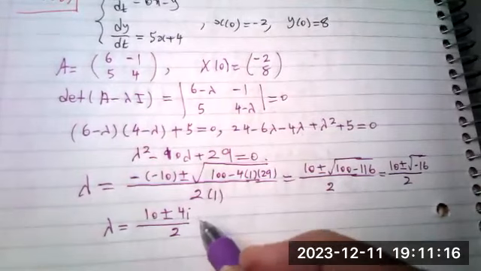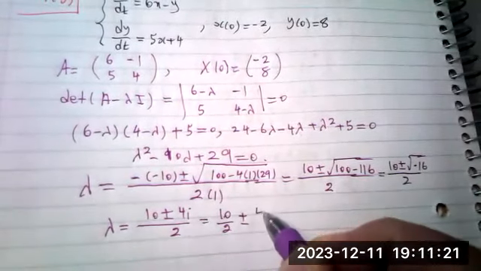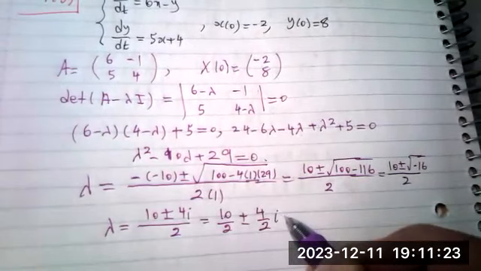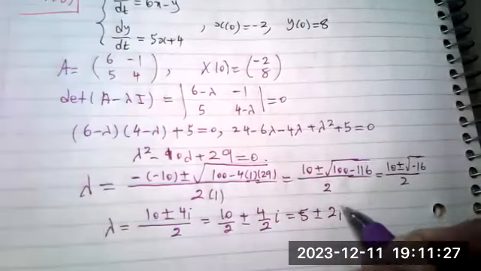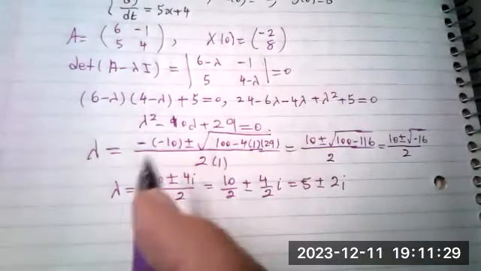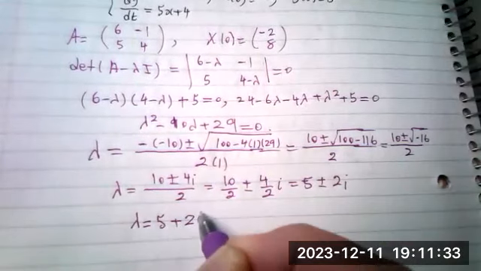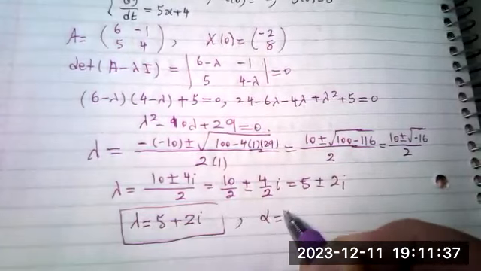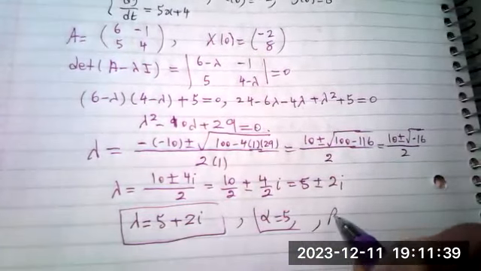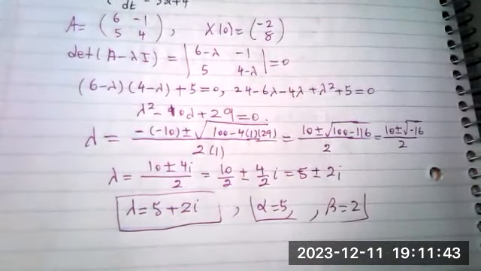Okay, we break it and simplify it: 10 over 2 plus or minus 4 over 2 i. So you get 5 plus or minus 2i. So we pick the positive one, lambda equal to 5 plus 2i, and we stay with this one. And so that gives us alpha equal to 5 and beta equal to 2 for the complex solutions that we are going to have.